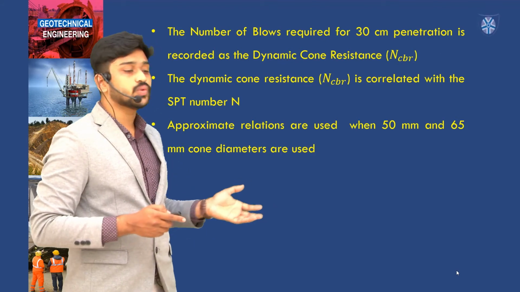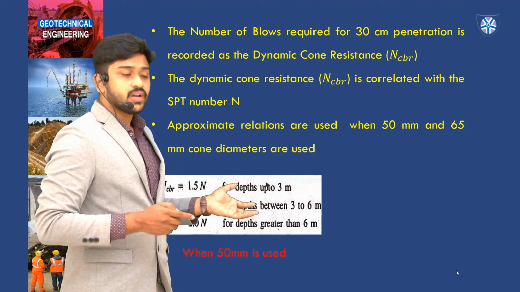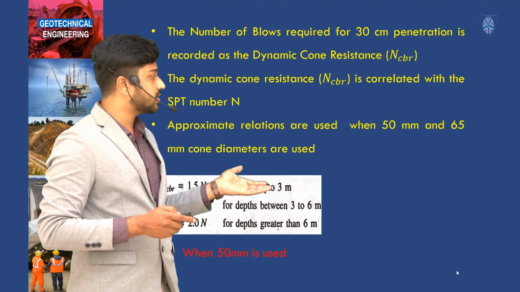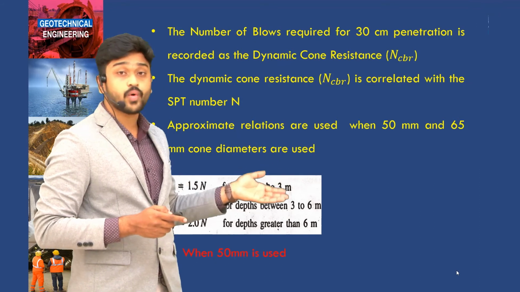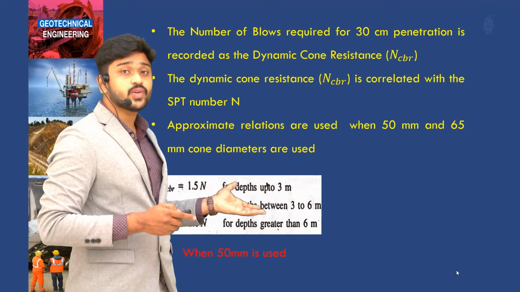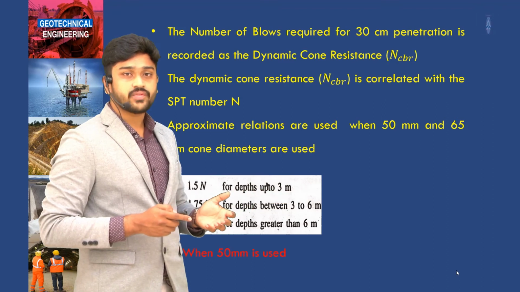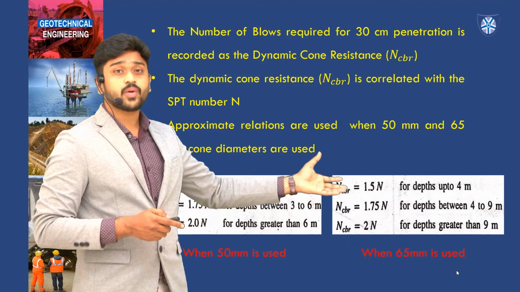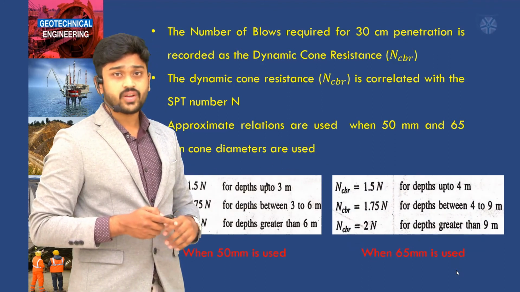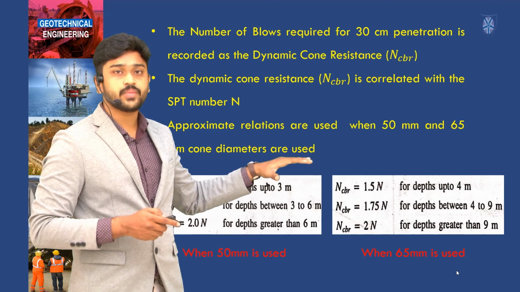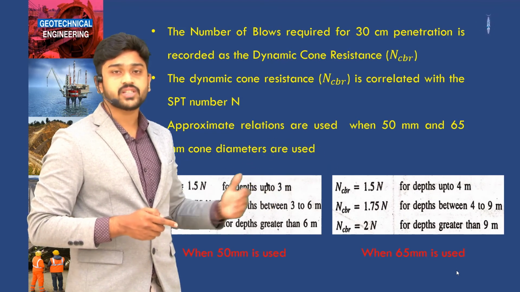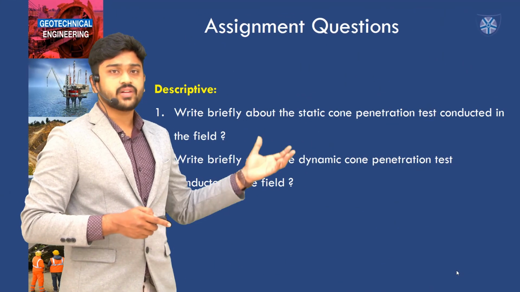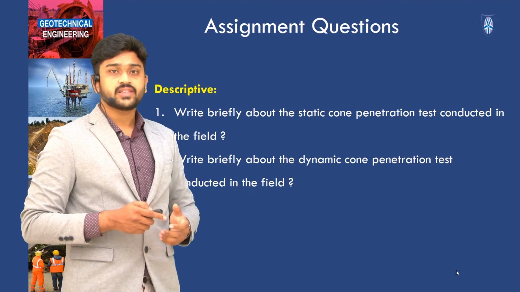If you look at these two diagrams, for varying depths, say 3 meter, or 3 to 6 meter, or more than 6 meter, for the 50 mm cone these are the formulas that we use for correlation. Similarly, when 65 mm is used, these are the different correlations that we carry out. These generally vary with the depth: 3 meter, 3 to 6 meter, or more than 6 meter. Clear?